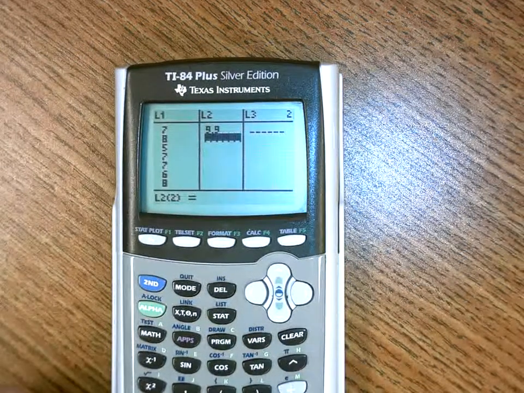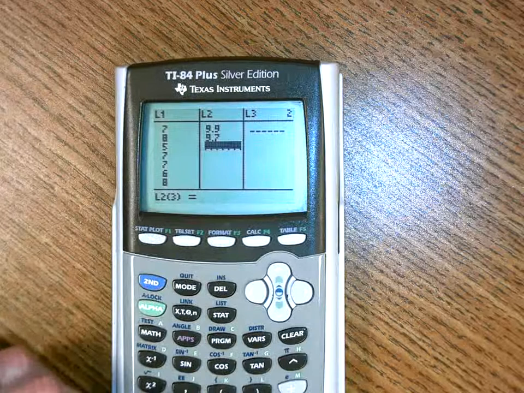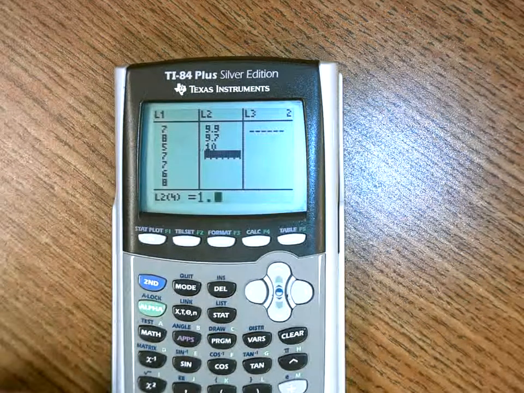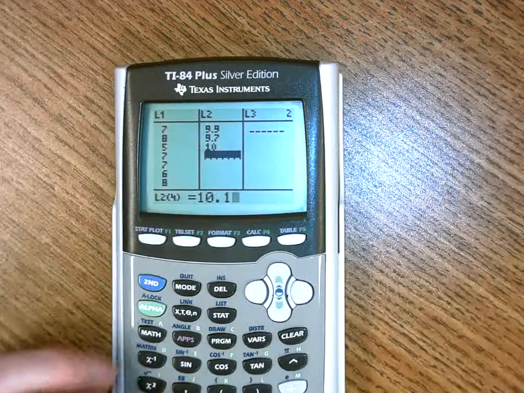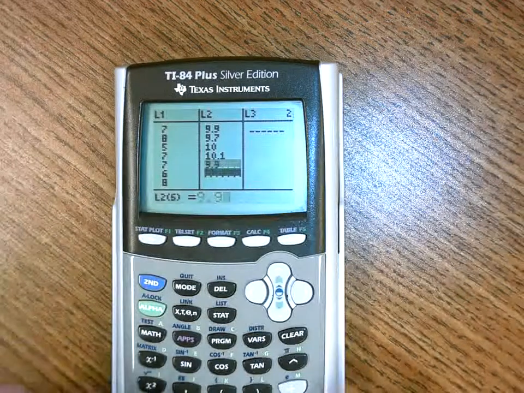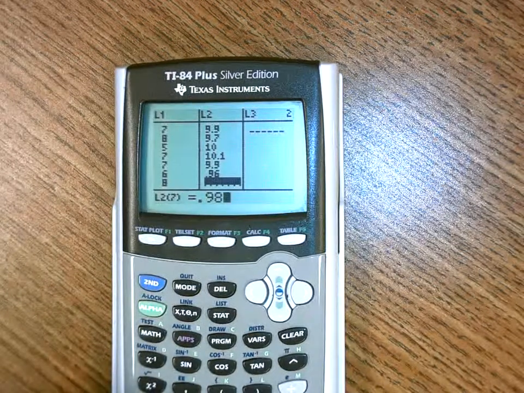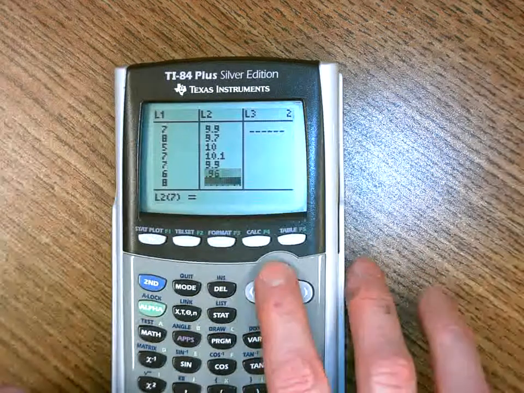So I've got 9.9, 9.7, 10, 10.1. Oops, make sure you type correctly. 9.9, 9.6, 9. I know you guys are faster at typing than I am. And look, I'm messing up.